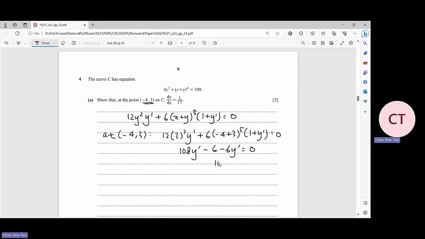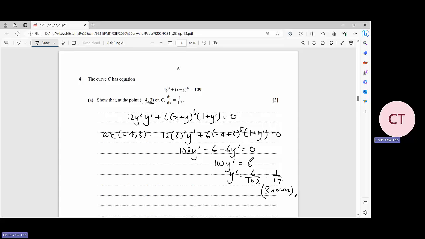So you get 102 y prime is equal to 6. So your y prime is 6 divided by 102. Press the calculator and you can get the answer as 1 over 17, shown. Okay, so this is how you show it for part A.